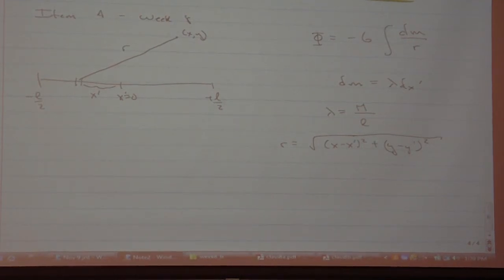Does that make sense? Okay. Alright, so you can set y prime equal to 0. And these guys here become your integration limits.